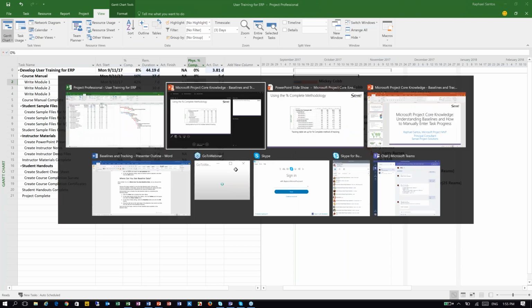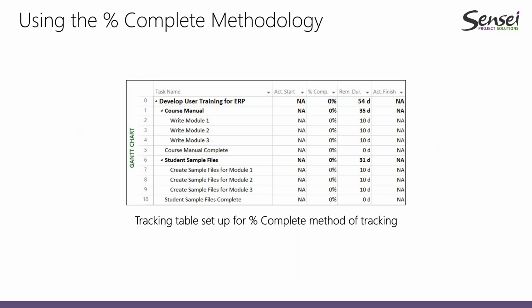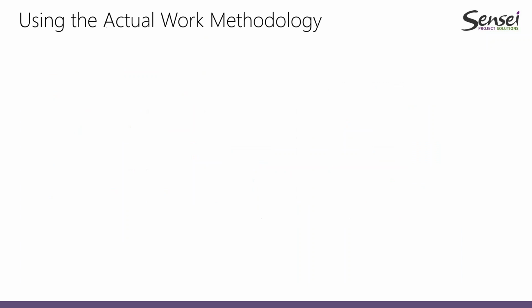So then let's go now to the second method that we recommend, which is the actual work methodology. Personally, I like this method most instead of the percent complete, because I can be more assertive, right? Sometimes you ask your resource, what's the percent complete, what's the percent complete, and this is just subjective information.